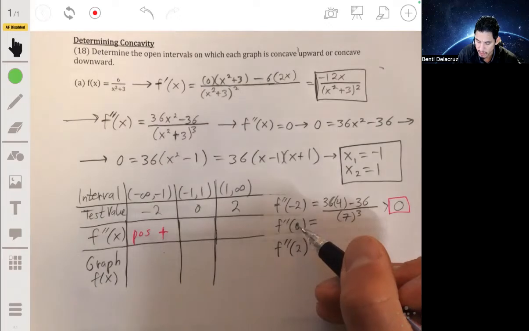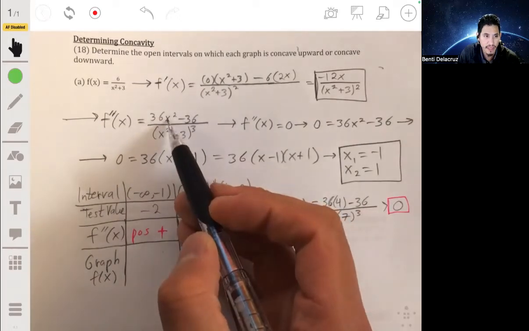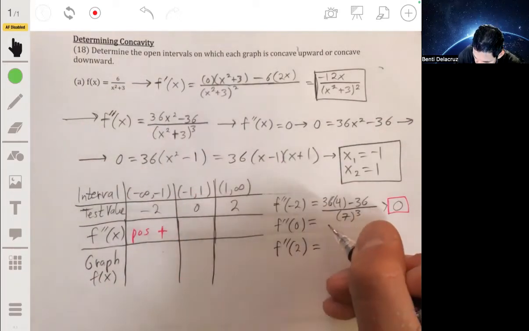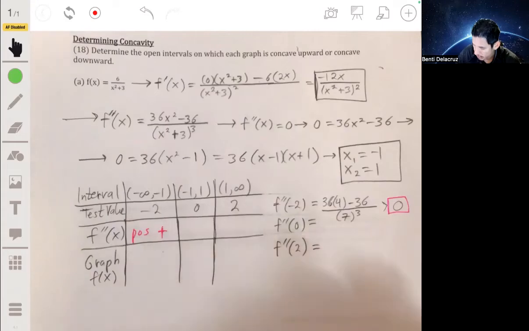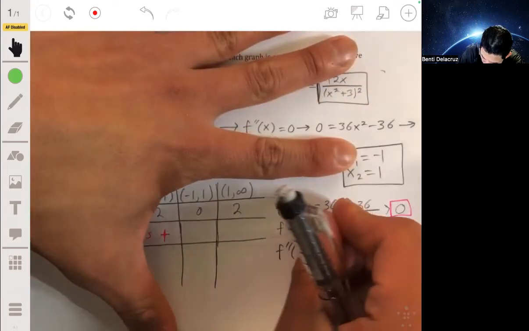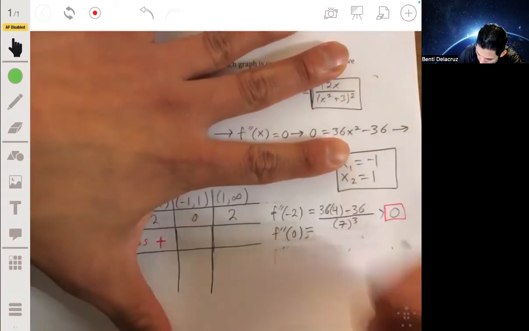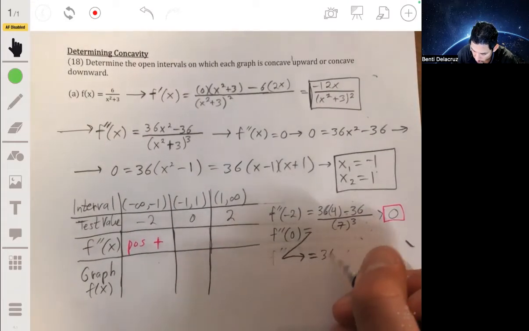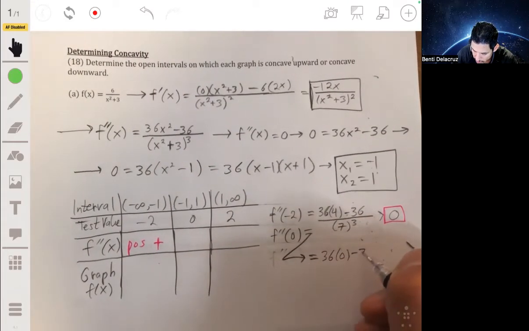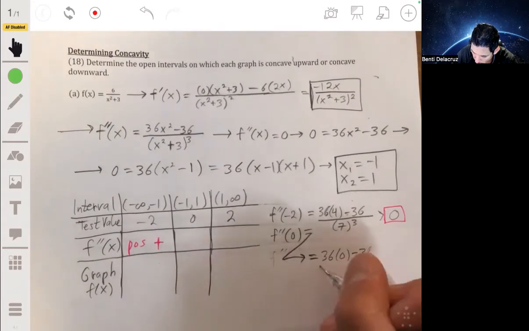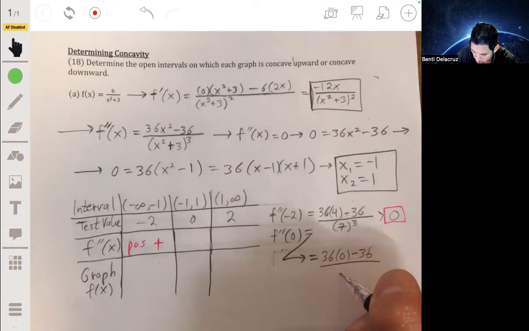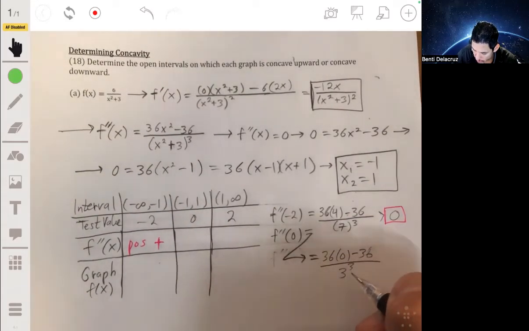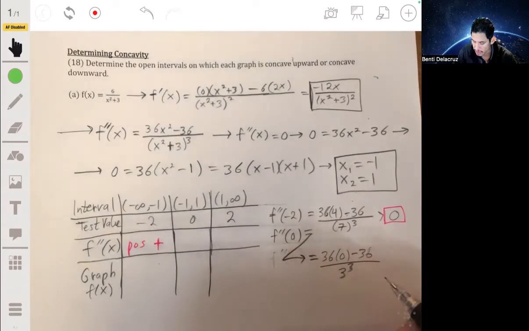F double prime of 0. So we'll have 36 times 0 minus 36 over 0 plus 3 cubed, so 3 cubed is 27.